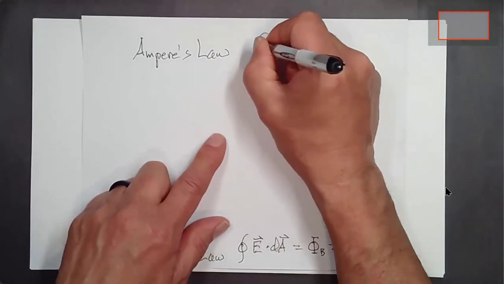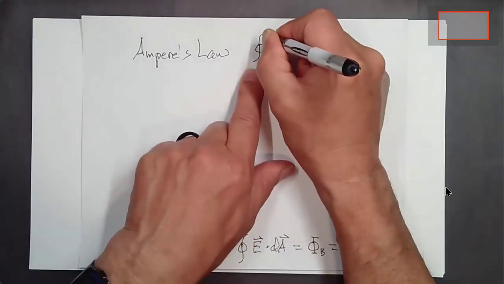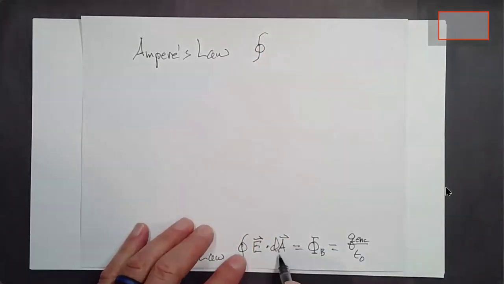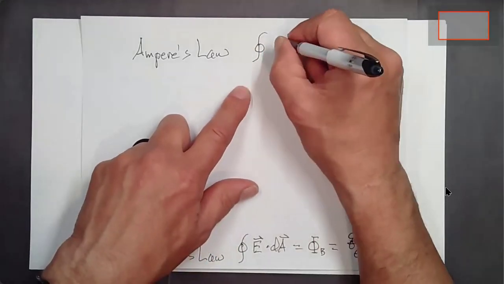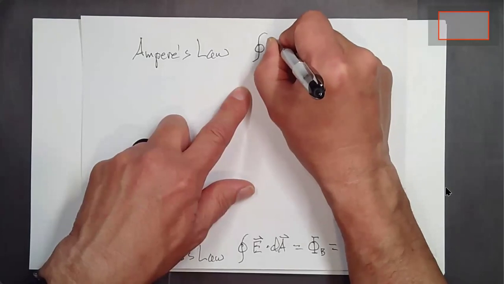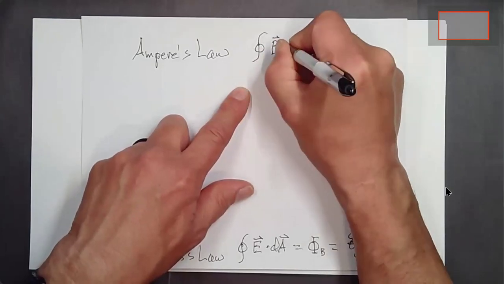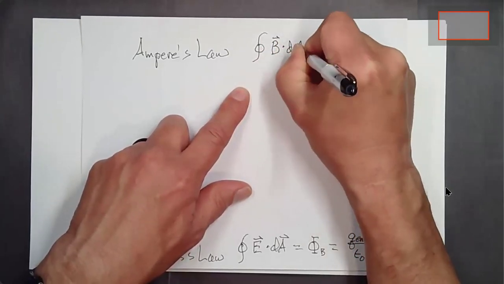It's got another symbol that looks like this, but this time it isn't over a closed surface. It's over a closed loop. And it just looks like this, B dot dl.